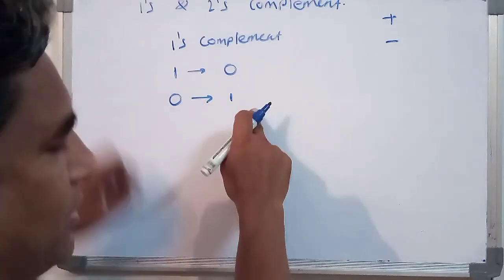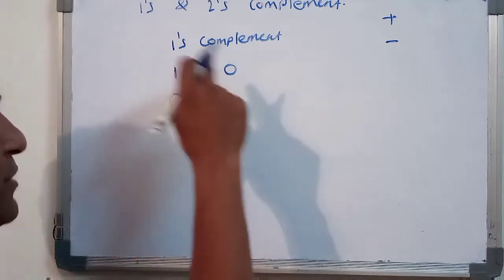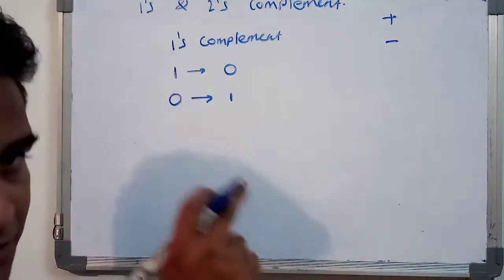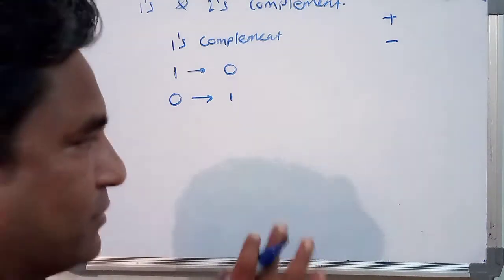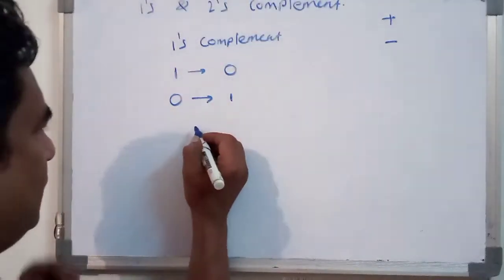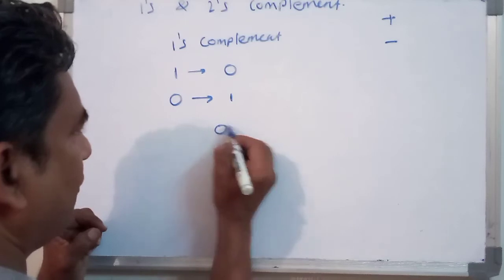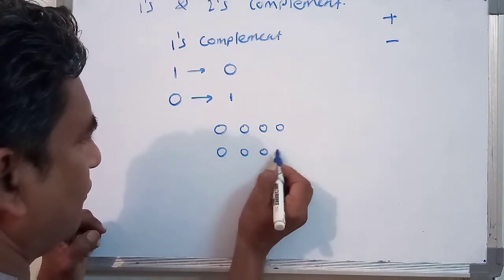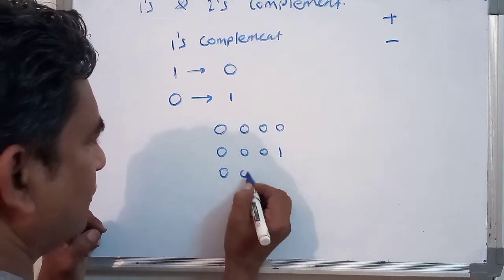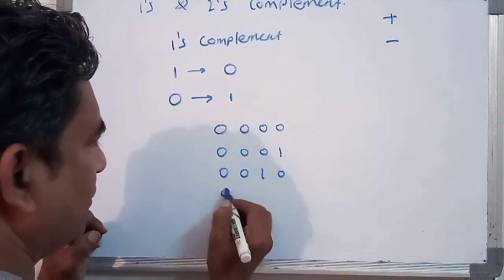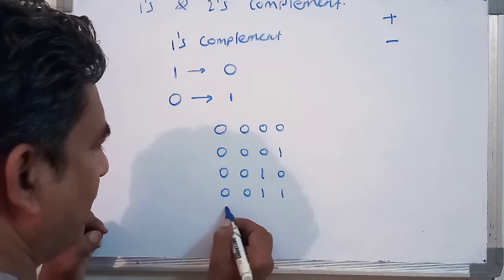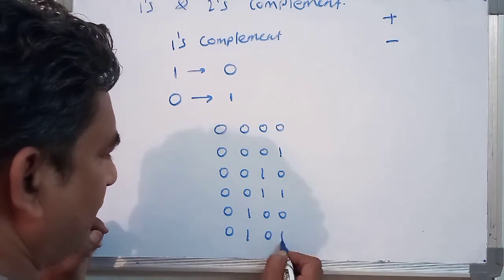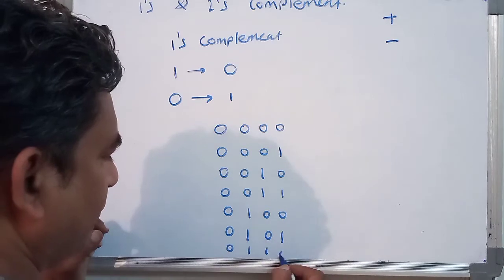So this conversion occurs, and this conversion in this topic is considered as the ones complement. Okay, students. Now suppose you have this number 0 0 0 0 0 0 0 1 0 0 1 0 0 0 1 1 0 1 0 0 0 1 0 1 0 1 1 0.